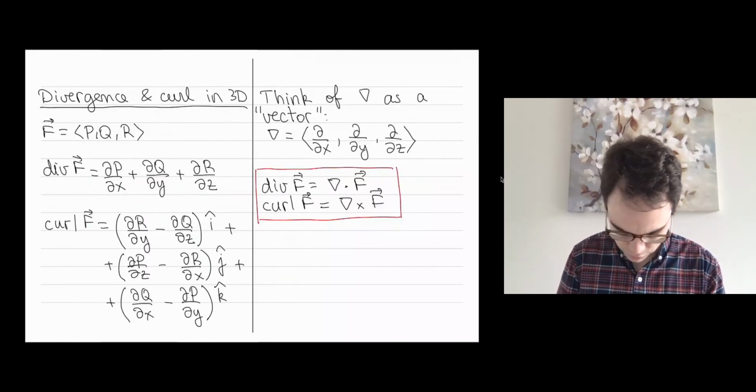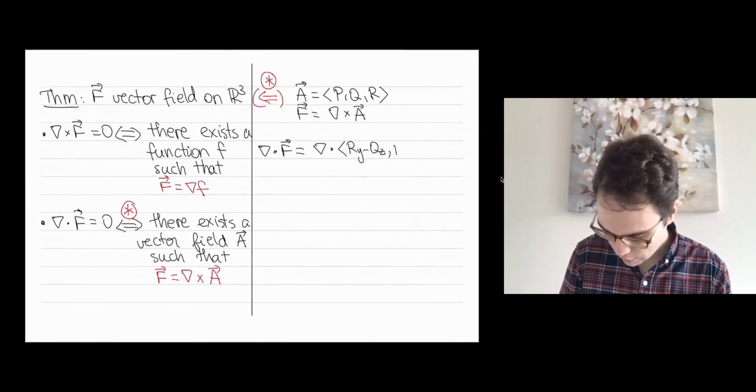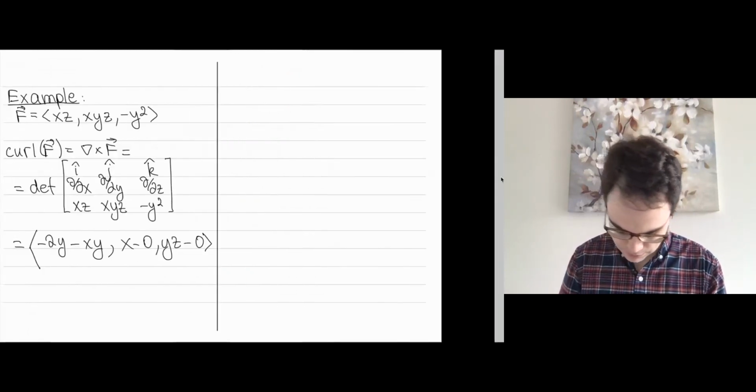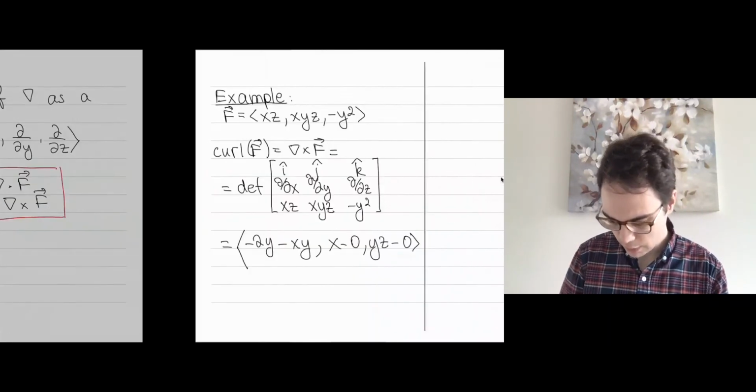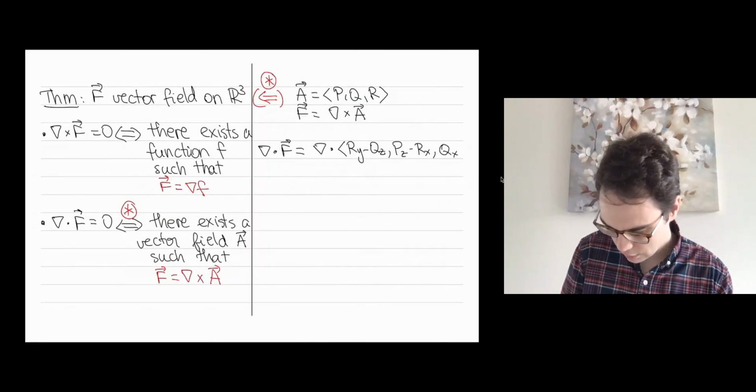The second component of the curl is P sub z minus R sub x. And the last component of the curl is Q sub x minus P sub y.